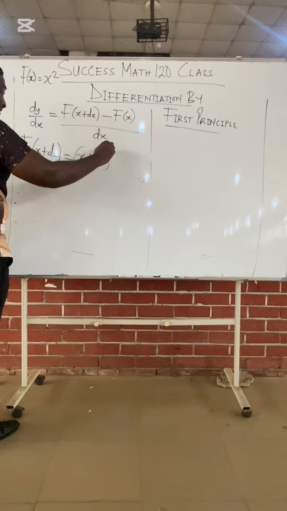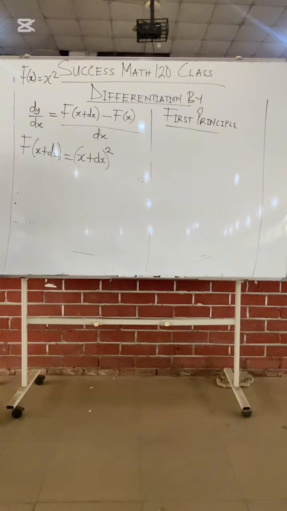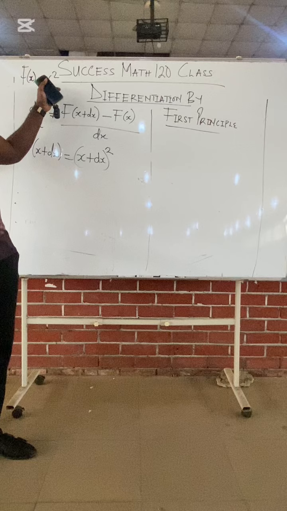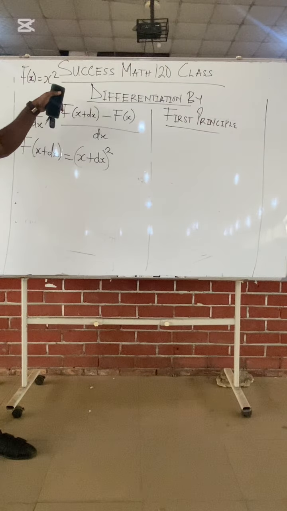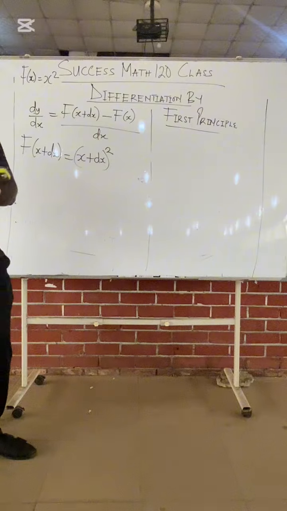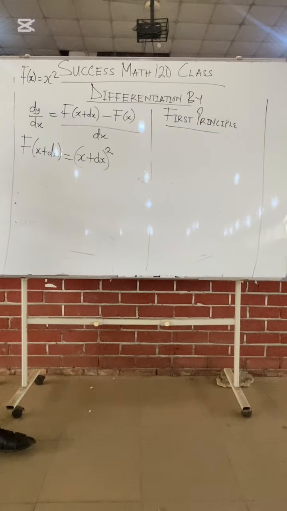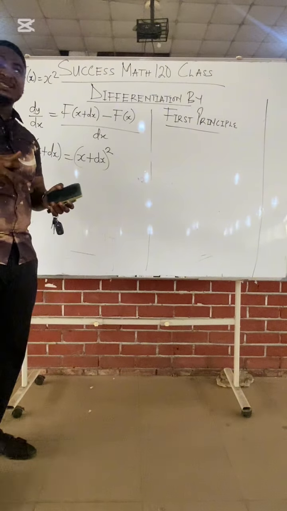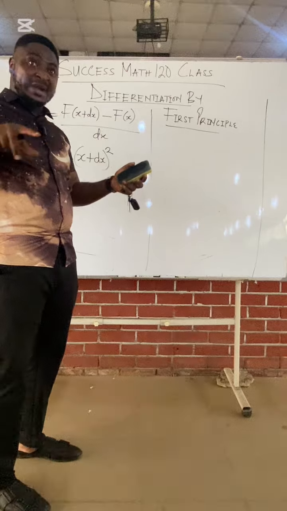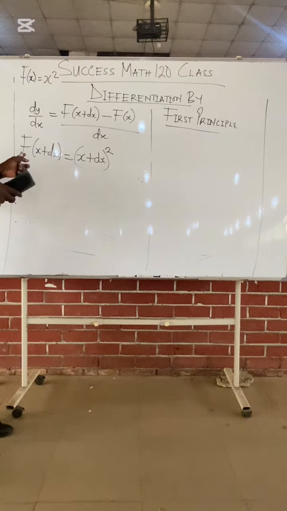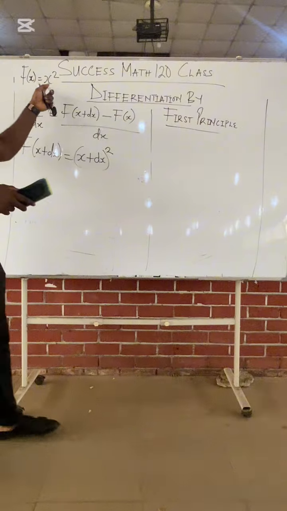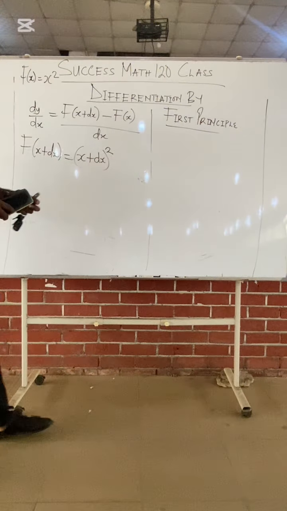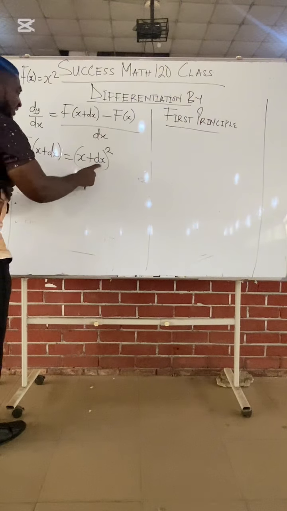So f of x plus dx is x plus dx all squared. Remember when I was telling you, add dx to x, remove the square and add dx first, then add the square back. Remember? Because the formula requires us to get f of x plus dx. We already have f of x. F of x is x squared. So this f of x plus dx is x plus dx all squared.